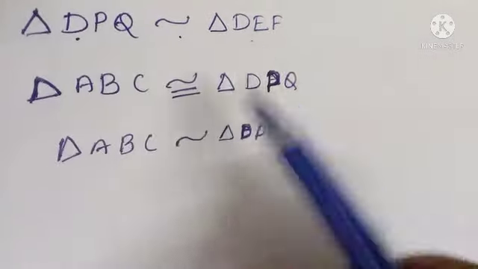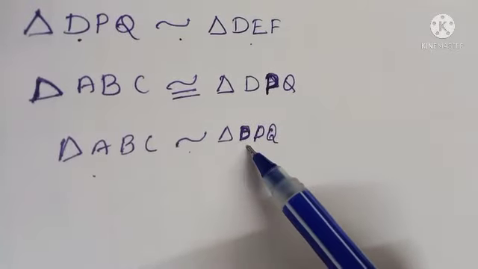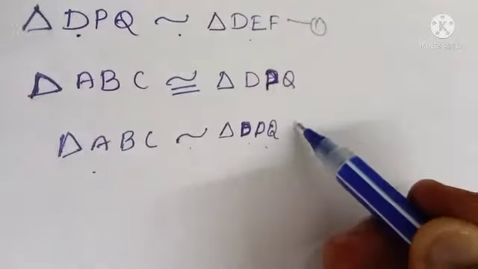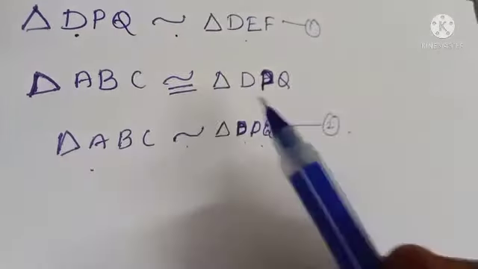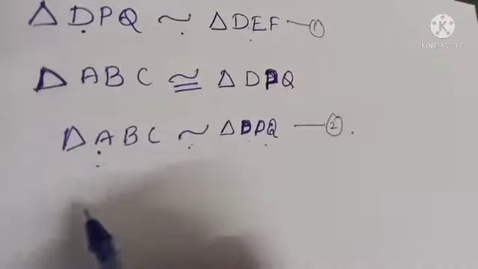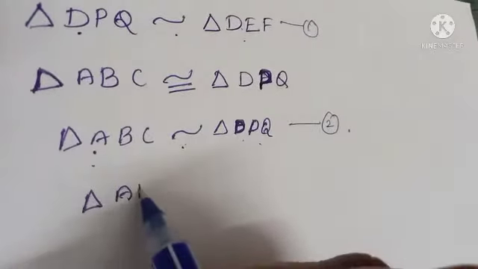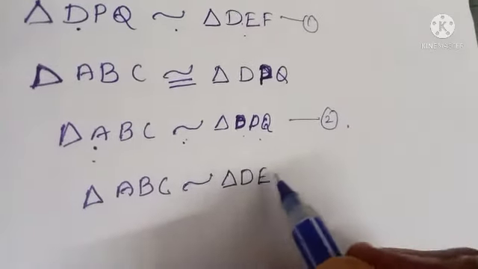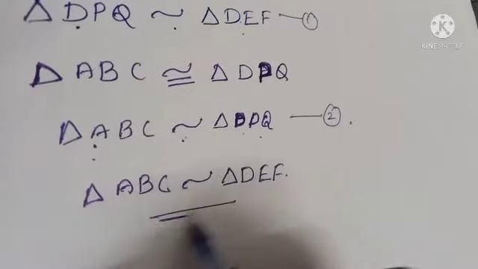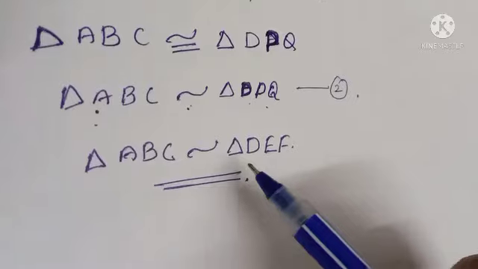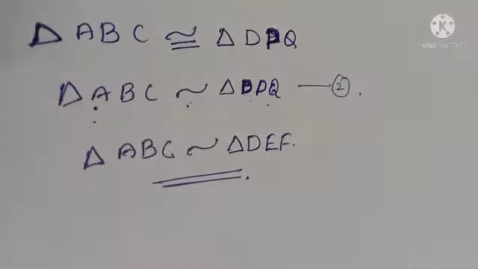DPQ is similar to DEF, and ABC is similar to DPQ. From these two, what do we get? Triangle ABC is similar to triangle DEF. So we proved triangle ABC similar to triangle DEF.